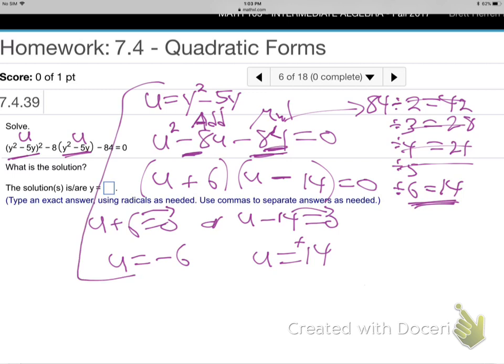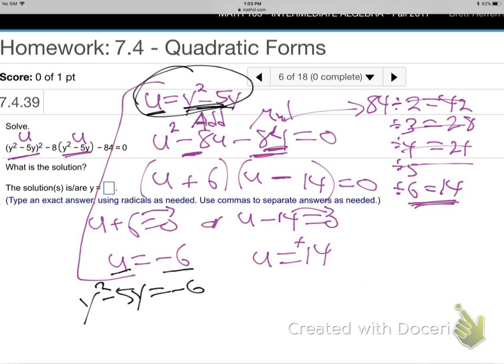Now I have to go back to my original letter, which was y. How do I do that? Well, you remember what u is. U is y squared minus 5y. U took the place of y squared minus 5y. So when it says u is negative 6, that means y squared minus 5y is negative 6. Remember that? Because u is y squared minus 5y.